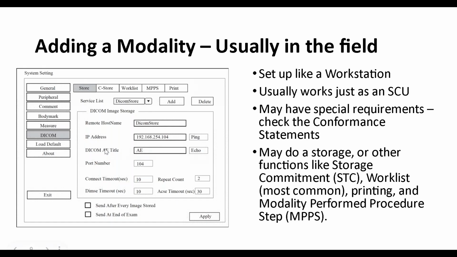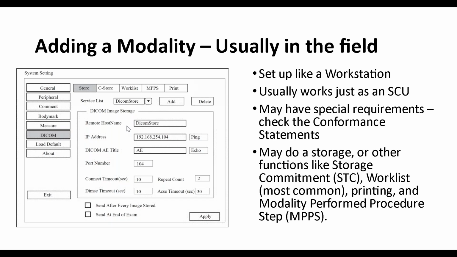Echo, remember when we did an echo, we got the test successful? Echo is actually that DICOM validation. Remember the C-ECHO command, right? And notice this is the port number of this remote. And so this is how they set things up.